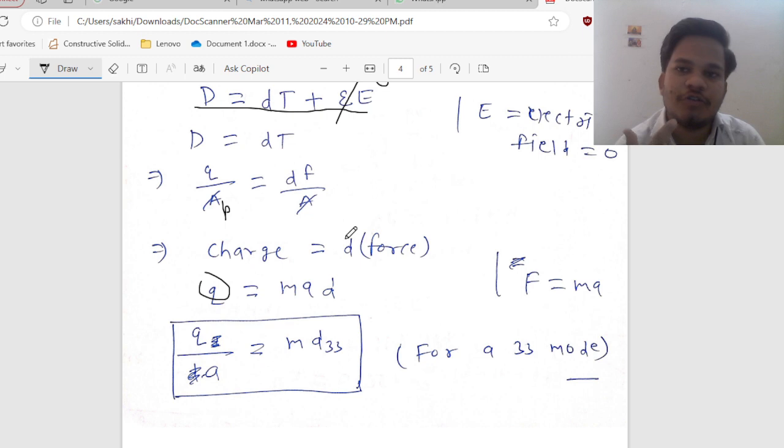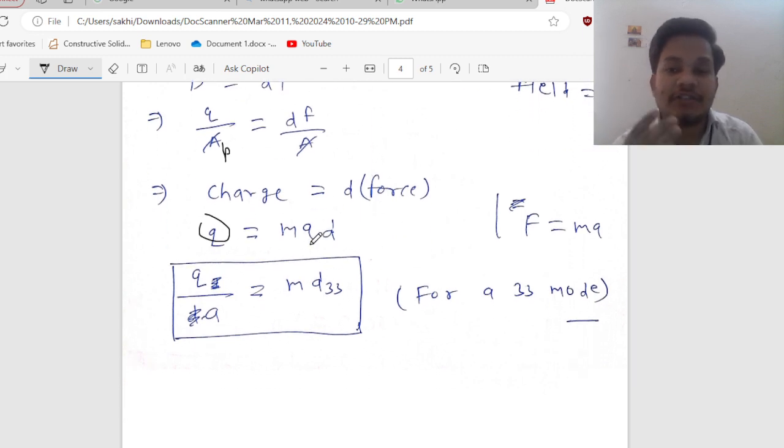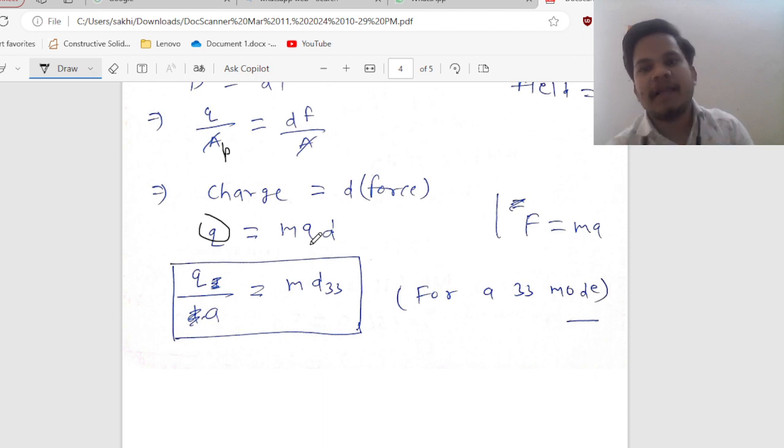By Newton's law we can write the force due to inertia is ma. So let's put the value. So the ratio charge by acceleration is called the sensitivity of the piezoelectric material.